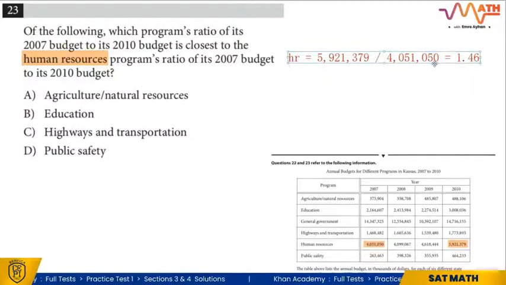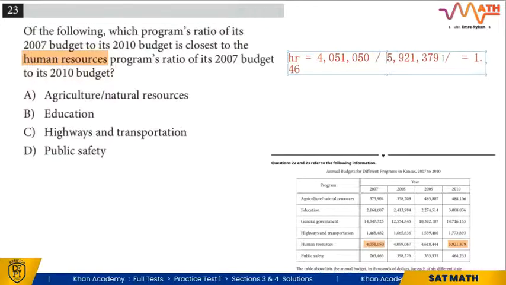Now you need to check which program has the same ratio in 2010. Actually, here it says the ratio is 2007 to 2010, so we divide this number by the other one, but the result will not change. But let's do it this way, no problem. The idea will not change because of the fractions.